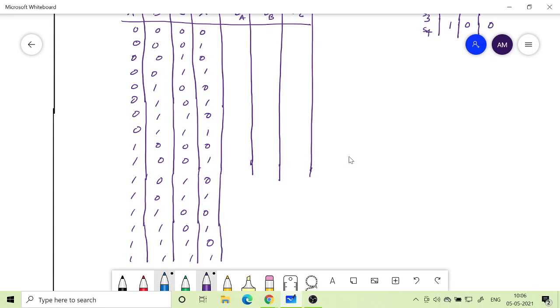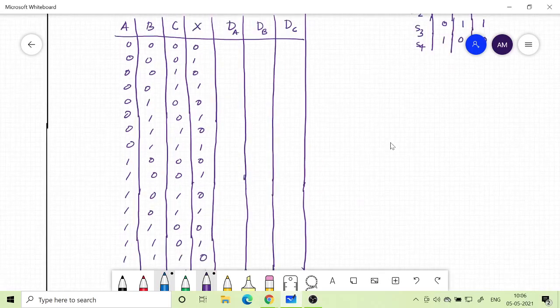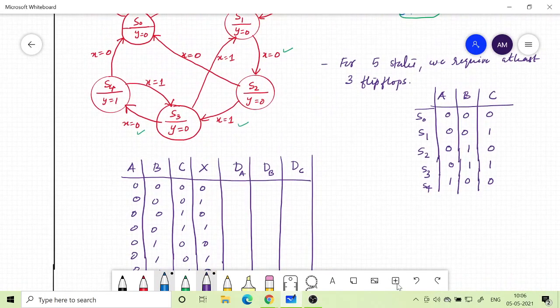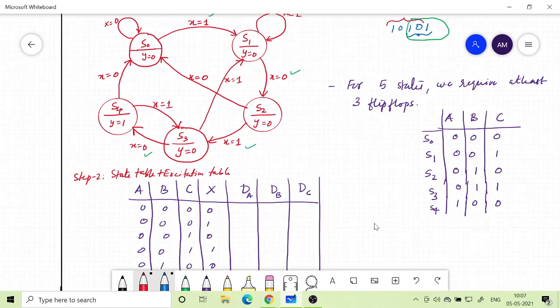Alright, so I listed all the inputs, and now I need to list the next state, which is the same as the input to the D flip-flop. Ideally, I should write them separately, but I'm just combining the state table and the excitation table, so this is step number 2. So you need to decide the flip-flop. If you make D the flip-flop, writing the excitation table is very easy.